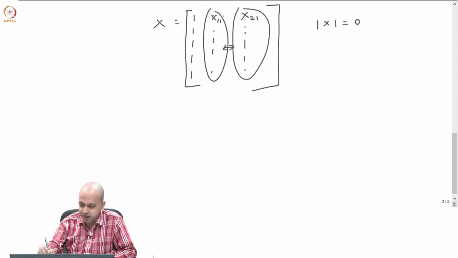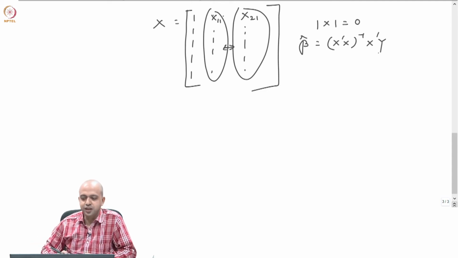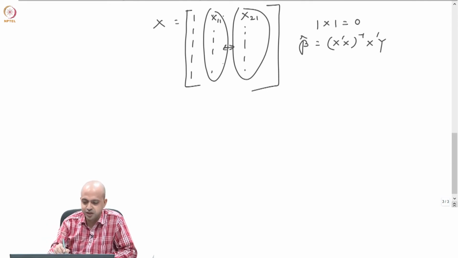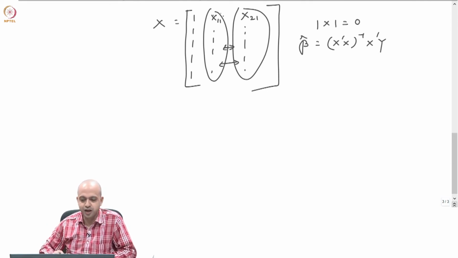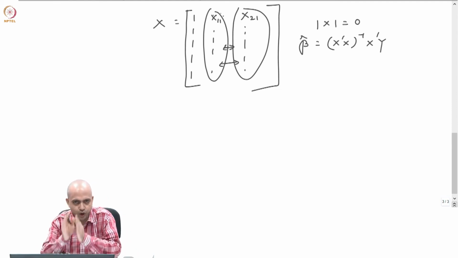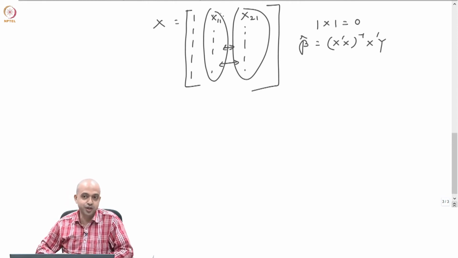So that means beta hat, which you estimate as X prime X inverse X prime y, cannot be estimated when there is perfect linear dependence between the x1 and x2 variables. That is the problem, because two columns of this X matrix will be perfectly linearly dependent.